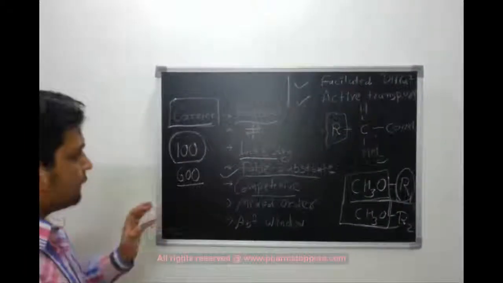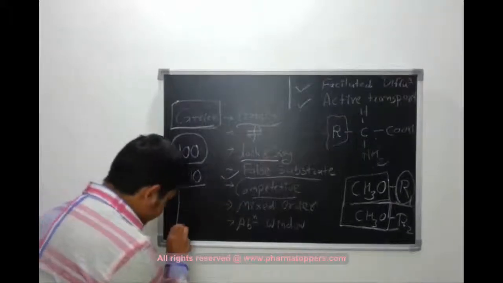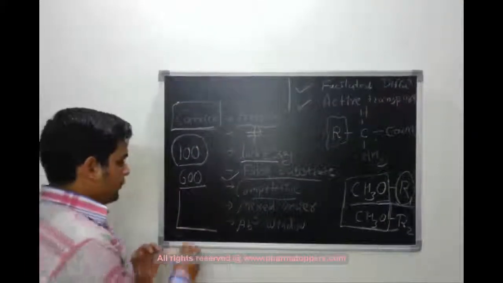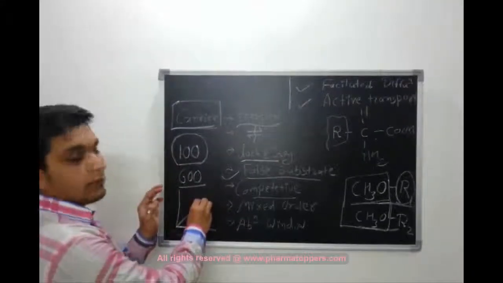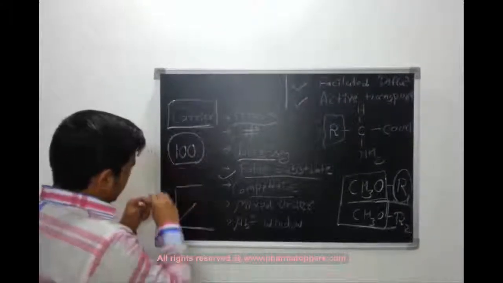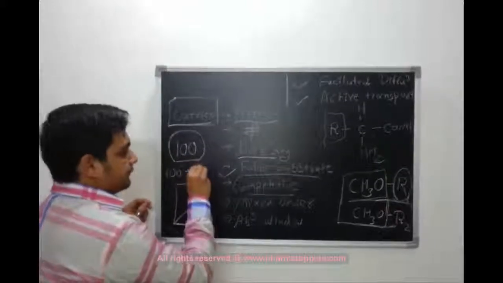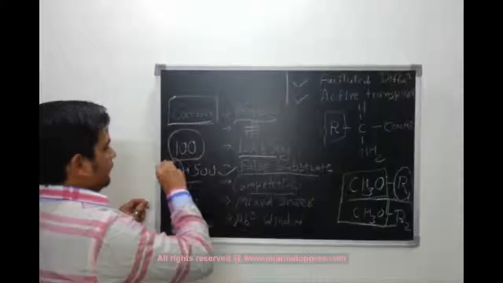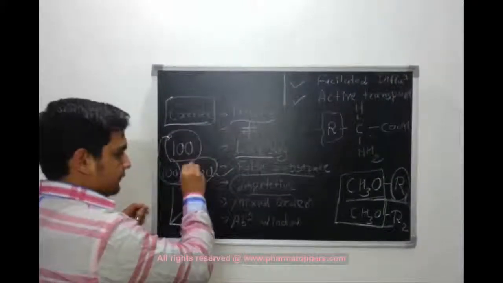If I plot the graph of binding against the dose, at the initial stage the transport will be first order, but once 100 molecules bind, I can write this as 100 plus 500. So this 100 will bind, and then 500 molecules remain.